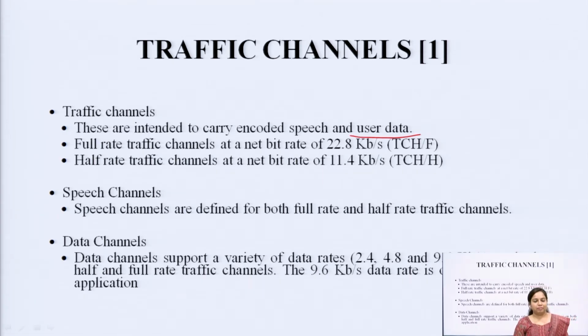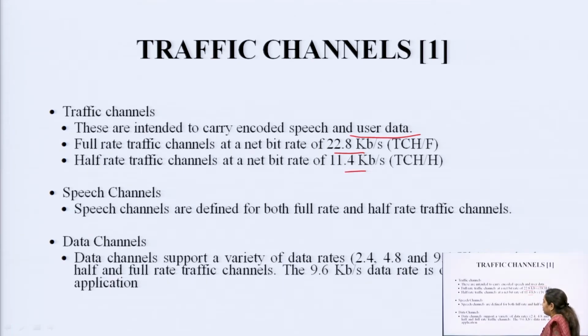The channel through which you transmit it is known as the traffic channel. The full rate traffic channel is supported at a bit rate of 22.8 kbps, and half rate at 11.4 kbps.